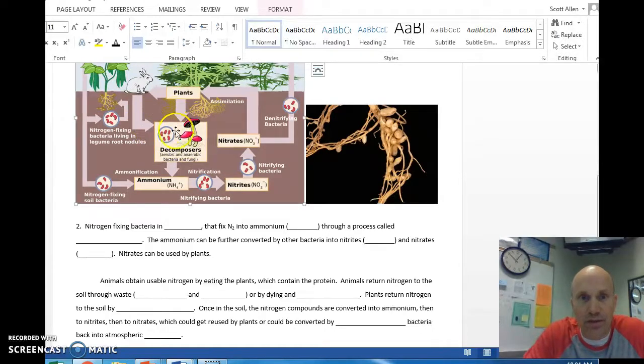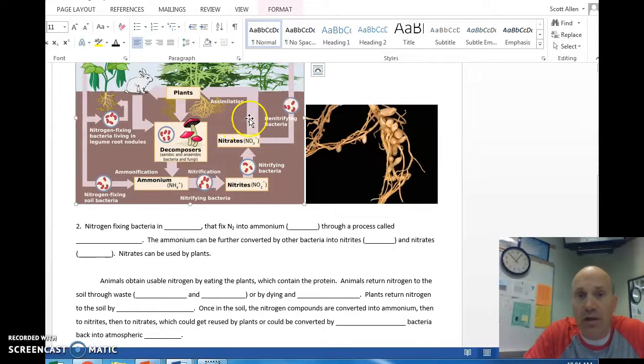Essentially the nitrogen from plants and animals can get converted by a certain type of bacteria back into ammonium here. That can get turned into nitrites, eventually into nitrates, and you've seen this point in the cycle before.